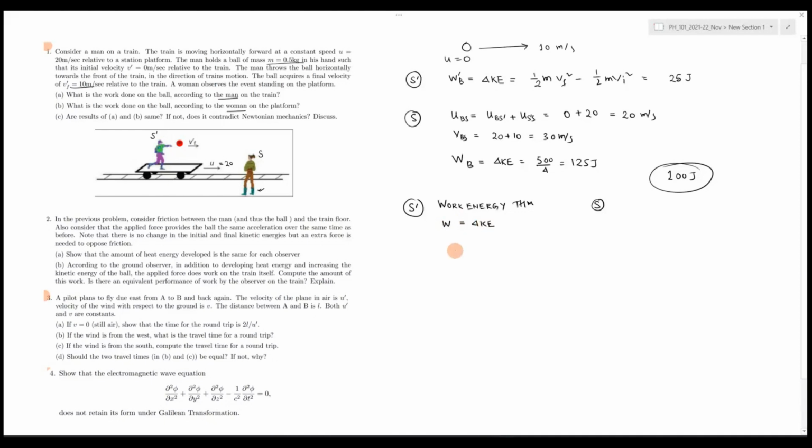This should be true in both cases. We don't care what delta KE is in S prime and what delta KE is in S. We just want W to be equal to delta KE in S prime as well as W to be equal to delta KE in S, both.